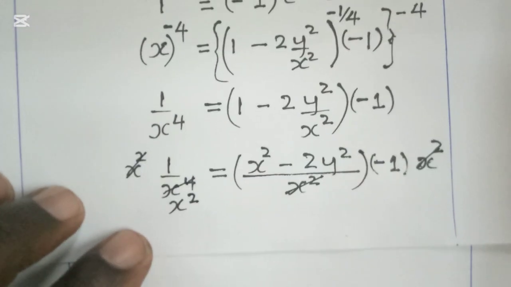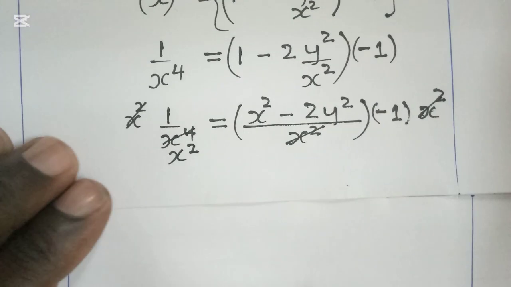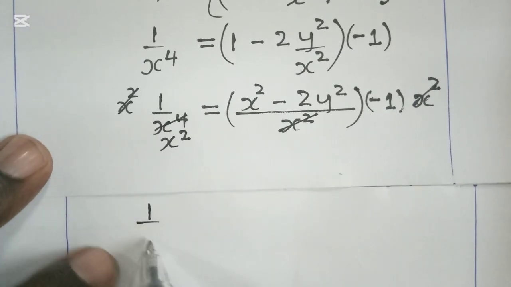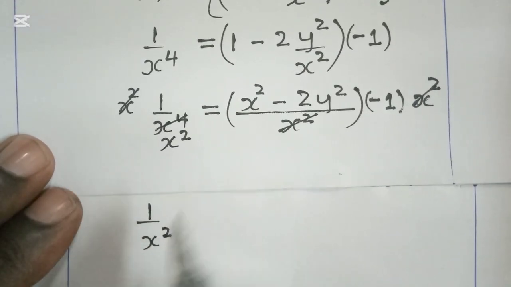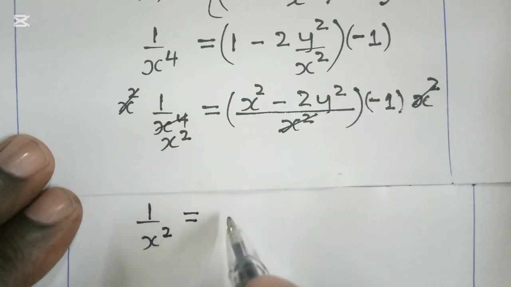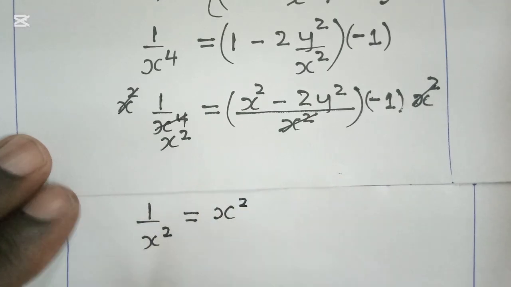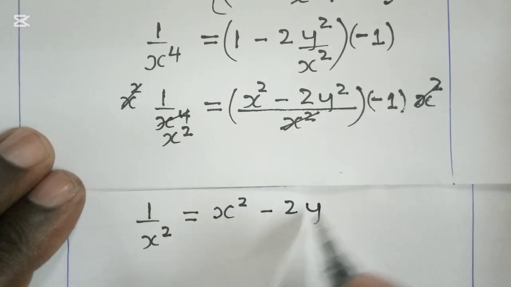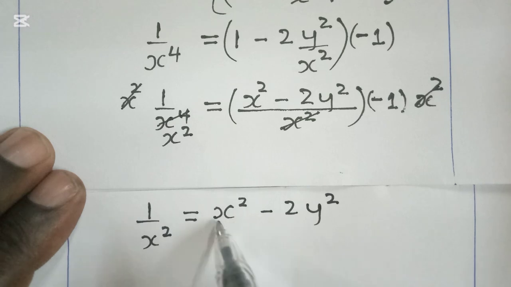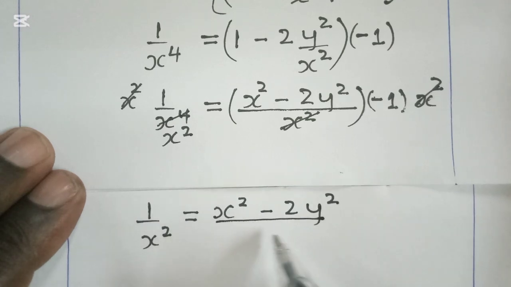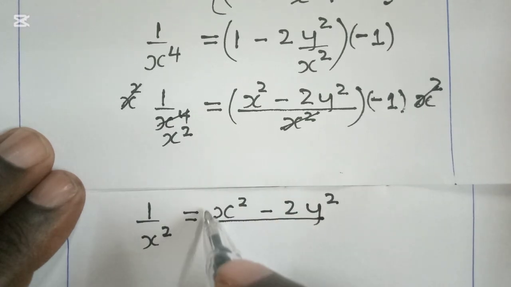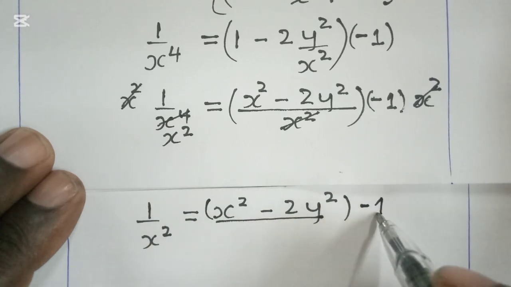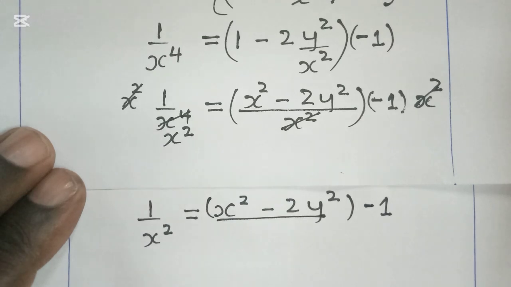So, guys, we still continue. Let me just write it over here. We shall have 1 all over x squared equals x squared minus 2y squared all over x. There's no x now. This is now going to be negative 1 right there. So we still continue.